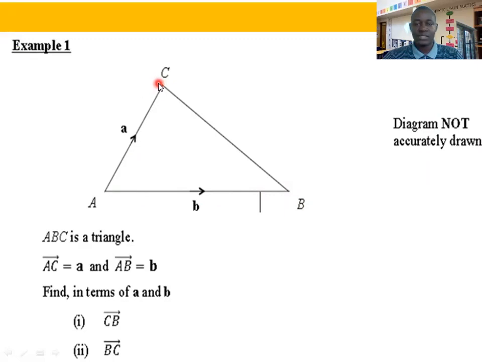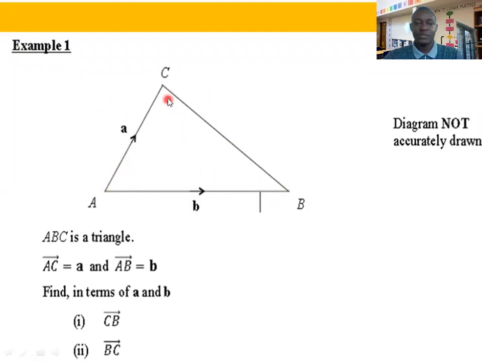The vector CB is that vector which has a start point at C and end point at B. That means if we talk about vector CB, then the arrow will be directed towards B. So the vector CB is the movement that takes me from the point C to the point B. So how can I get that resultant from the other vectors that make up this diagram?